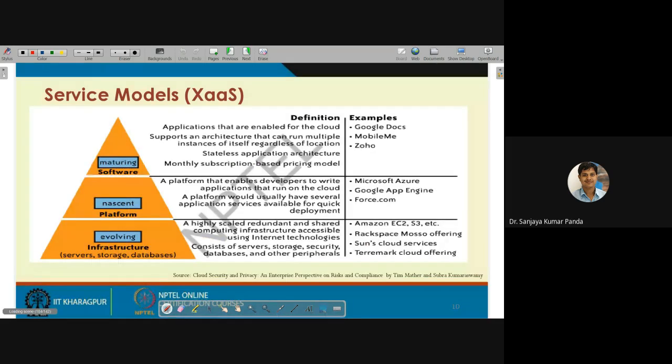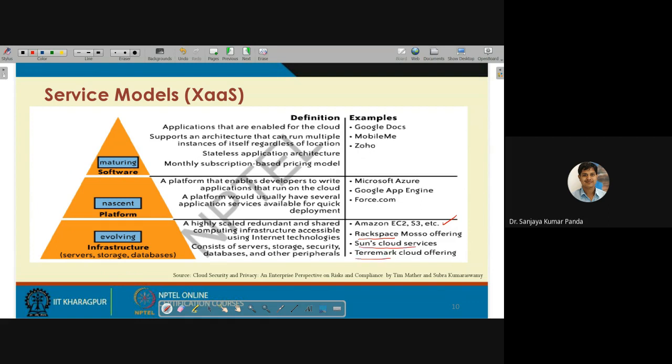Now you can see some examples with respect to these three different types of services. As I repeatedly tell you, Amazon EC2 and Amazon S3 belong to infrastructure as a service. Similarly, there is another cloud service provider called Rackspace. Rackspace offers MOSO, so this is also one type of service. Some cloud services are also infrastructure as a service.